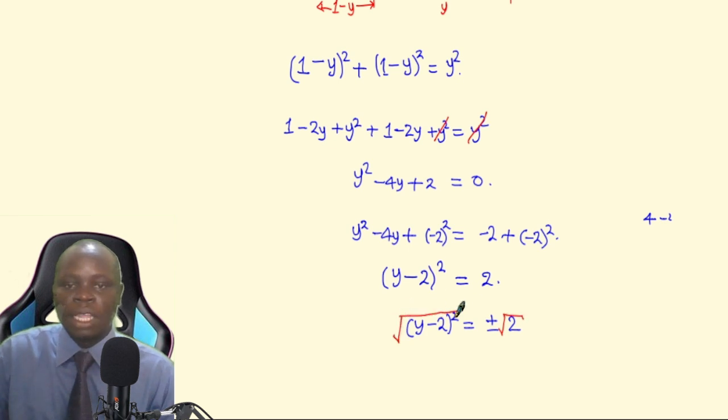So you can see here that these 2 will cancel with the square root here. Then we're left with only y minus 2 equals to positive or negative.